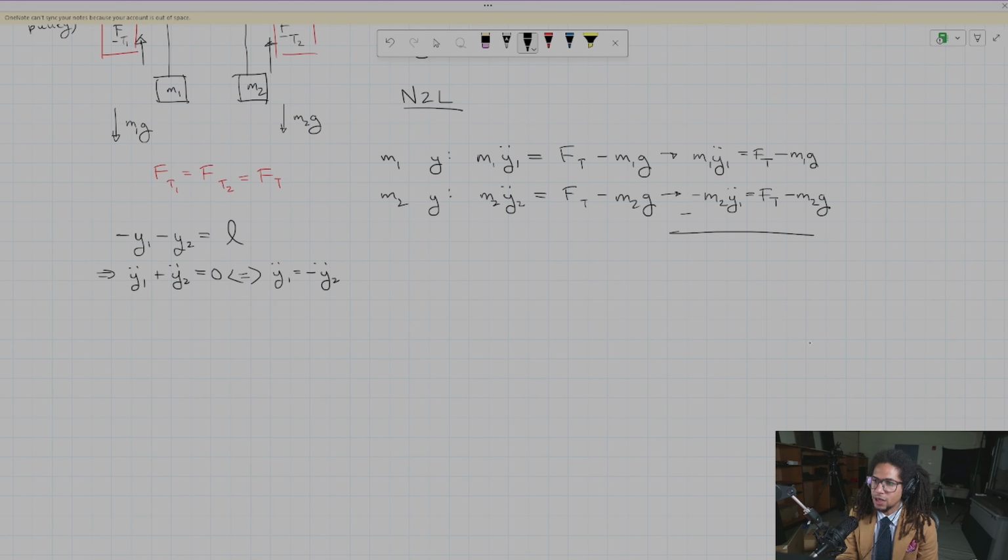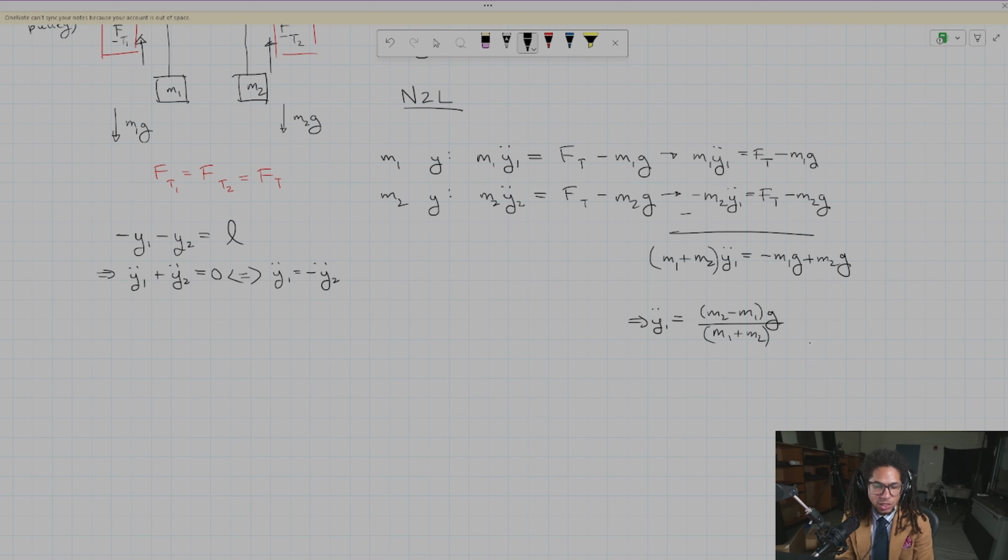All right, so I'm going to get m1 plus m2, that's from this minus and this minus, times y1 double dot is equal to, well, the forces of tension cancel, and instead I'm just going to get minus m1g plus m2g, which implies y1 double dot is equal to m2 minus m1 times g over m1 plus m2.